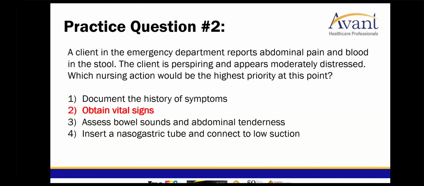The patient's other symptoms may be indication of shock, which could be further determined based on obtaining the vital signs. Bowel sounds and tenderness assessment is part of the process, but it's not the priority at this point. And certainly the NG tube placement isn't warranted at this point and would require a physician order anyways.